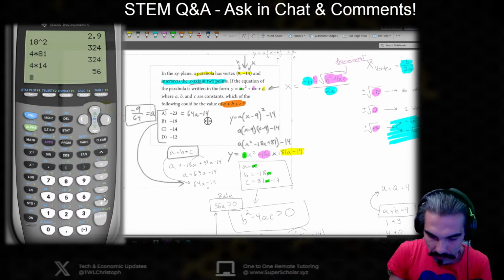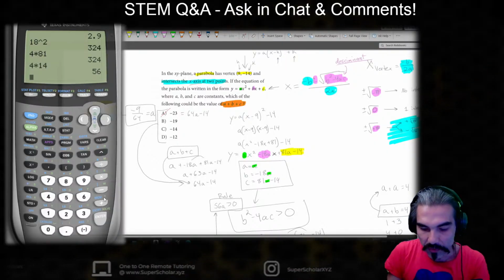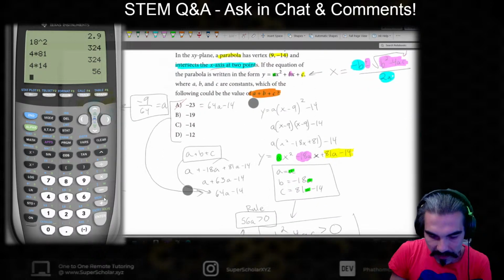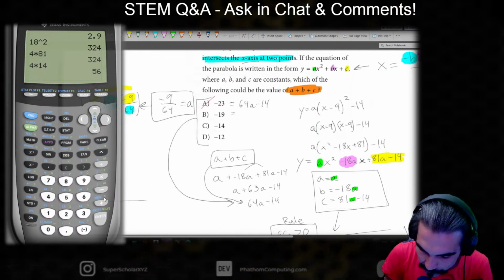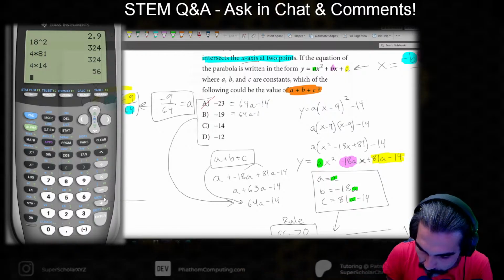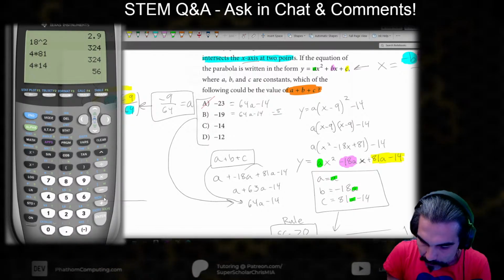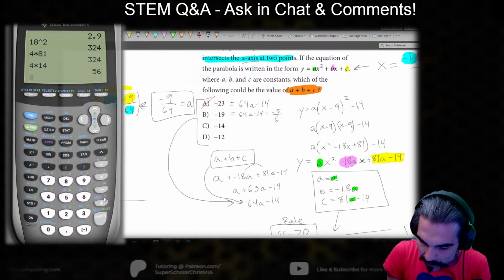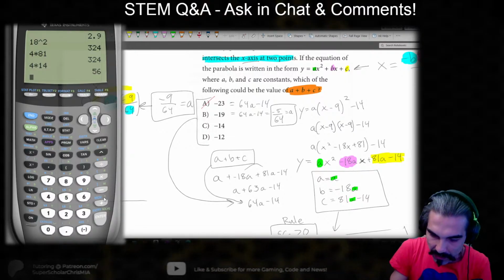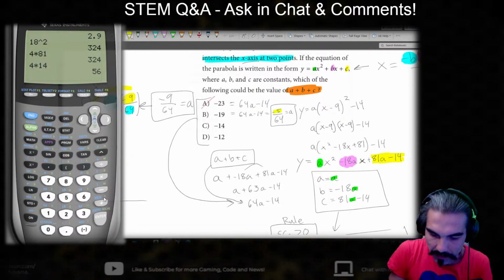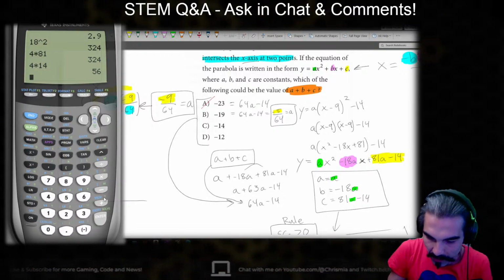So, no, 23 is not our answer. If we do the same thing with b, it's basically the same idea. We're just going to have another negative number: negative 5 divided by 64 equals a. That negative 5 is going to do the same exact thing that the negative 9 did. Hence, that's also a no.